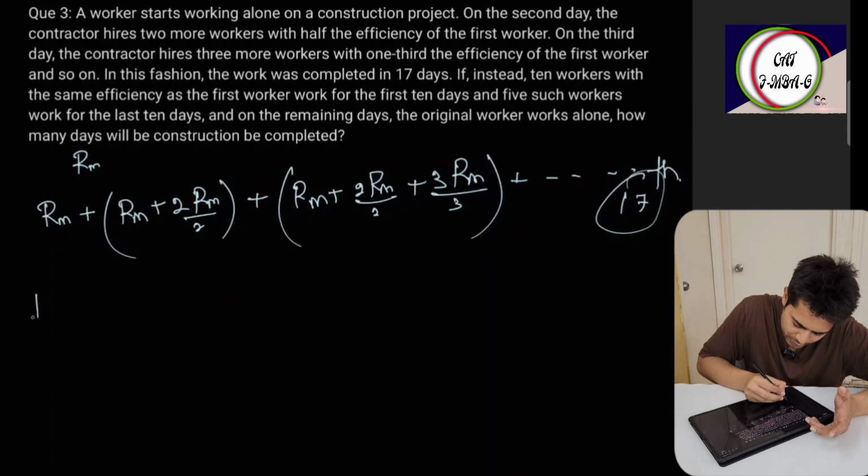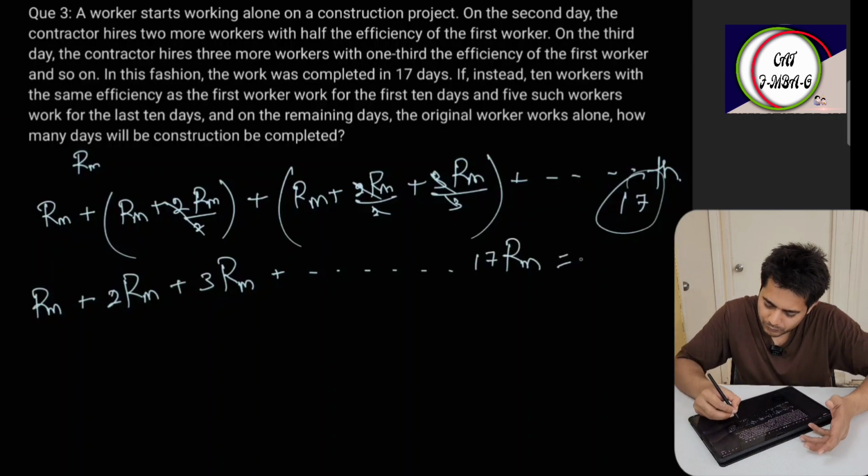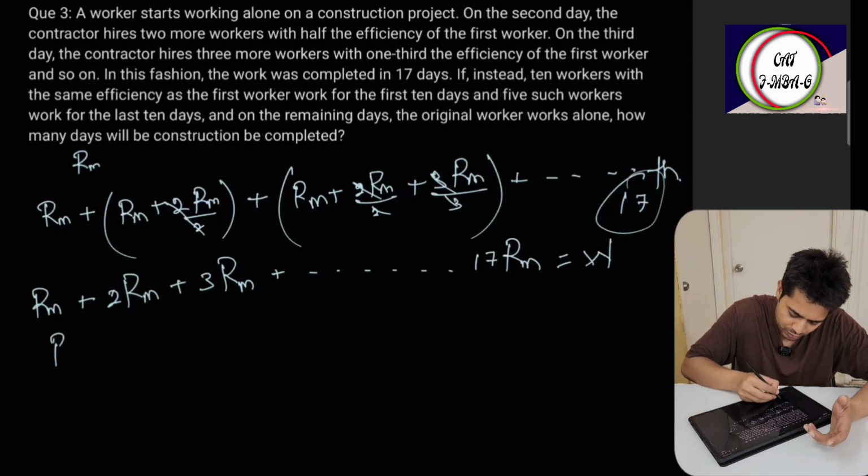If you check carefully, this will be RM plus 2 RM plus 3 RM up to 17 RM, and this is the total work.